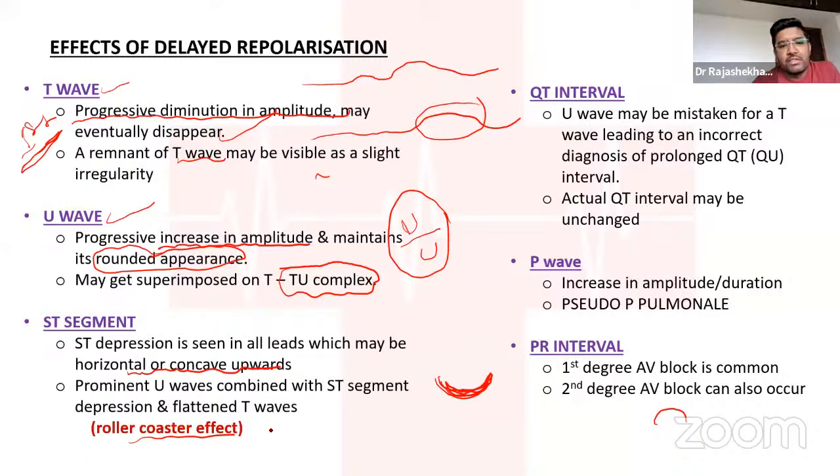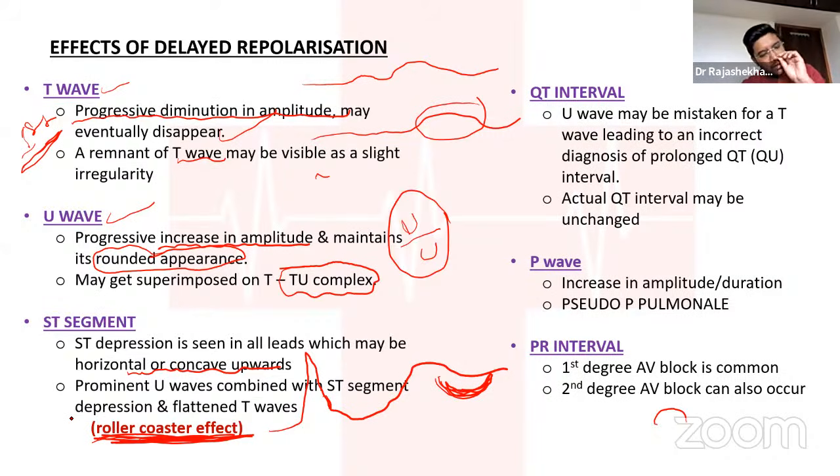If you see this ECG, after the end of the S wave, the ST depression comes and then the TU wave comes. So this is called the roller coaster effect, which is seen in hypokalemia. This can be an entrance question also: the roller coaster effect is seen in which electrolyte abnormality?